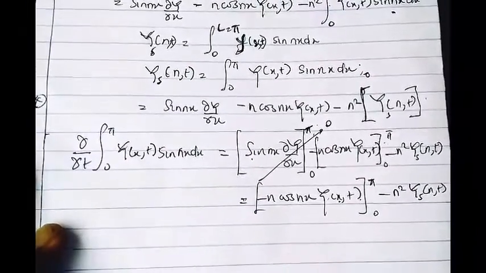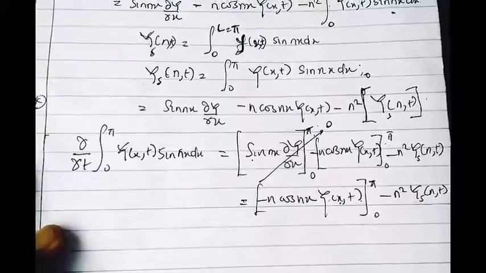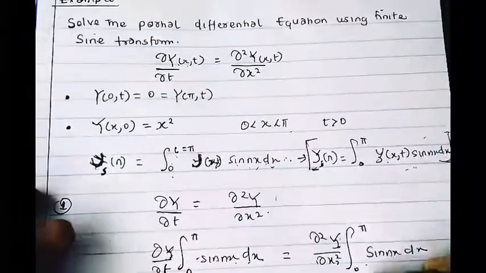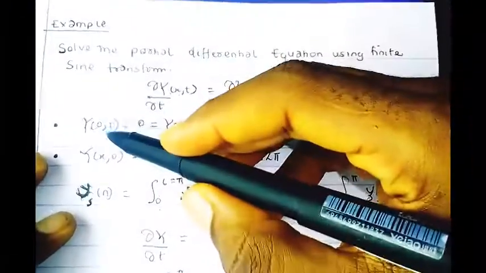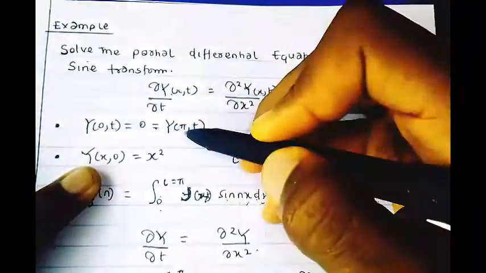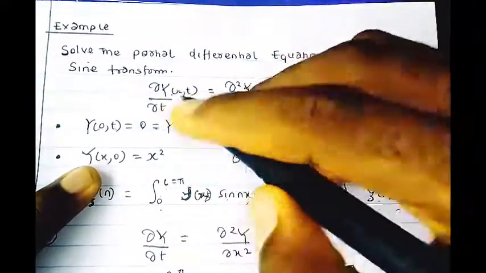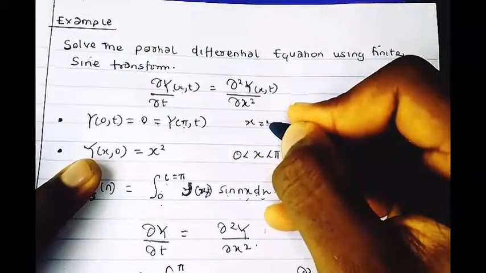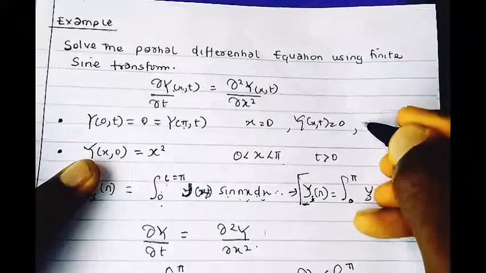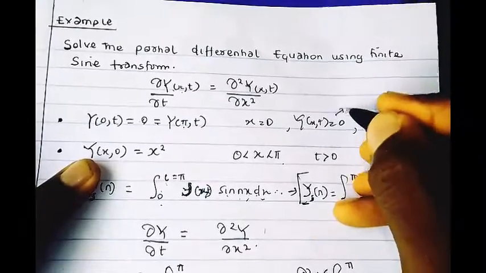Now if you remember the condition we're given, the boundary condition is that y, if x is 0, is equal to 0, and if x is pi, is also equal to 0. This means that if x is 0, y, which is a function of x and t, will be 0, and if x is pi, it's also 0.